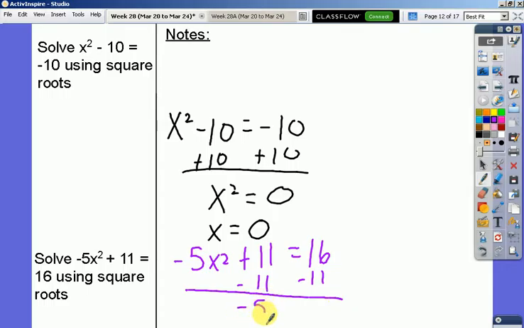Negative 5x squared equals 5. Divide by negative 5, you have x squared equals negative 1. What's the answer here? No real solutions.